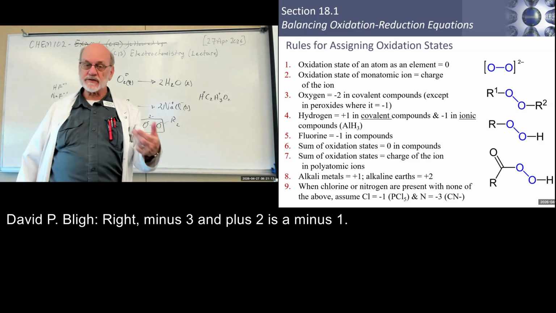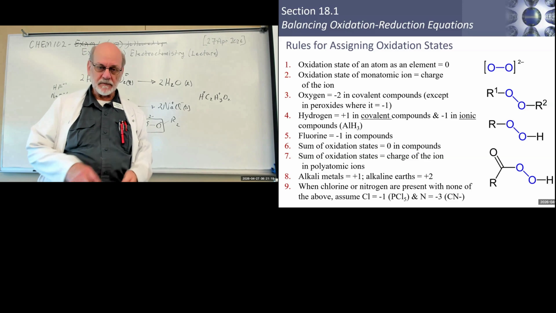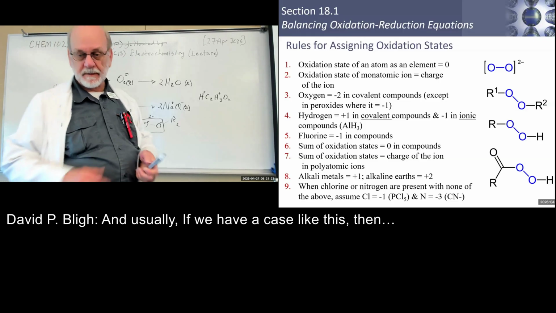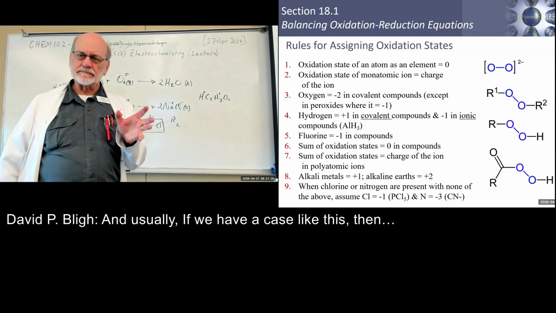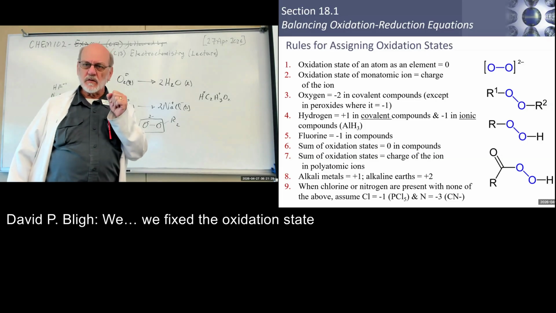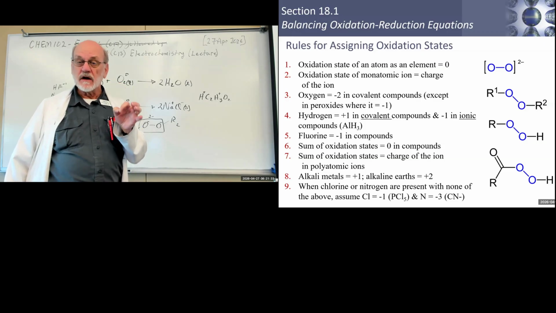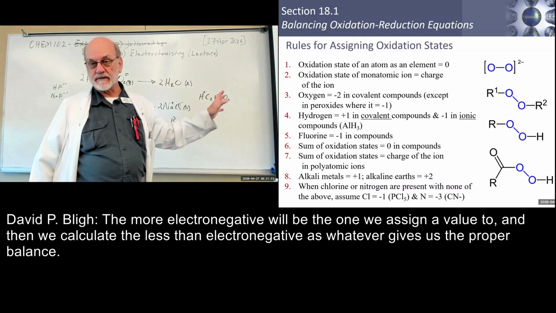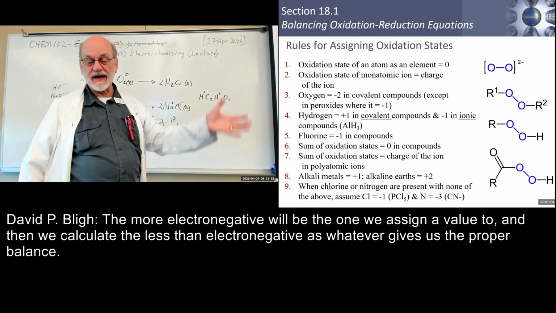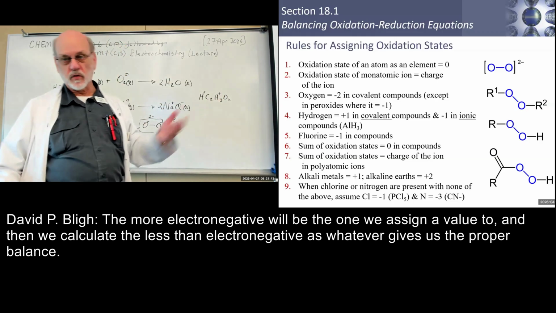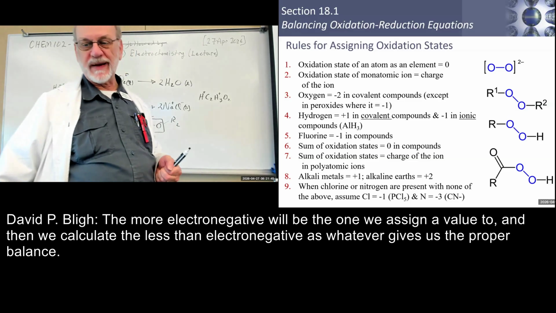Right? -3 and +2 is a -1. And usually, if we have a case like this, then we fix the oxidation state for the element on the right. The more electronegative will be the one we assign a value to, and then we calculate the less electronegative as whatever gives us the proper balance.